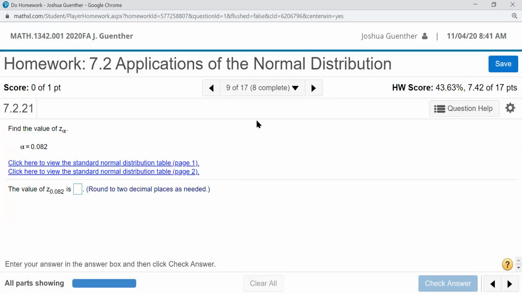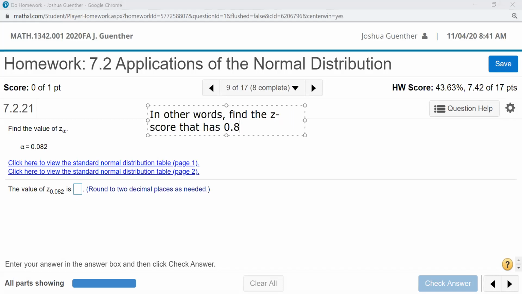This one is a little bit silly. Find the value of Z alpha. Alpha is 0.082. So in other words, find the Z score that has 0.082 of the area to the right of it. That's all that's saying.